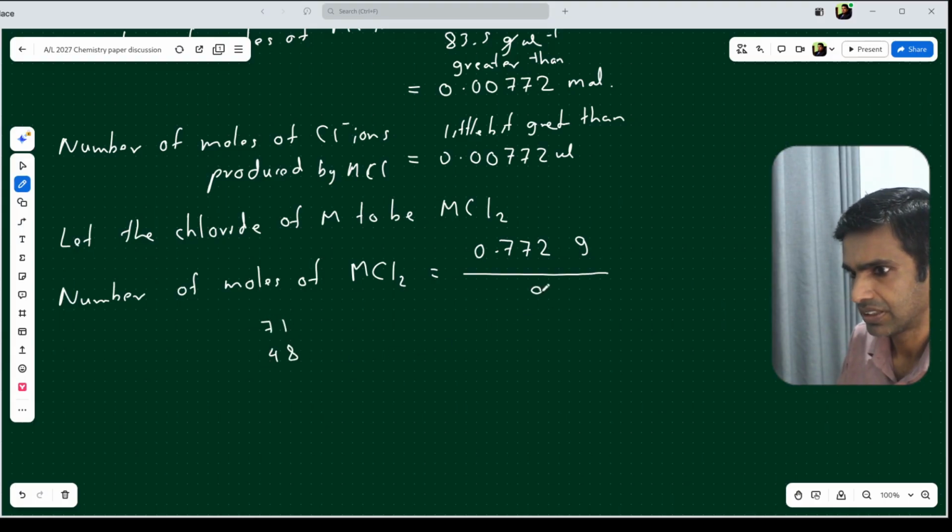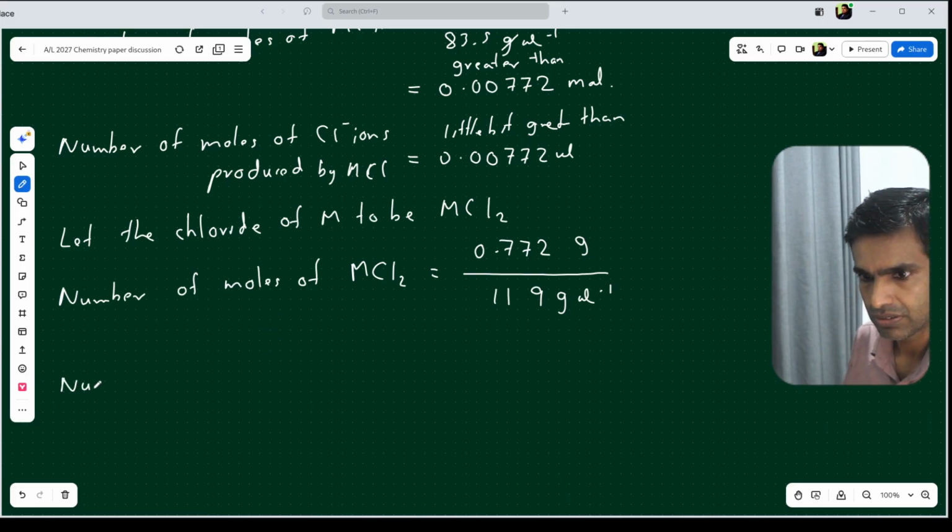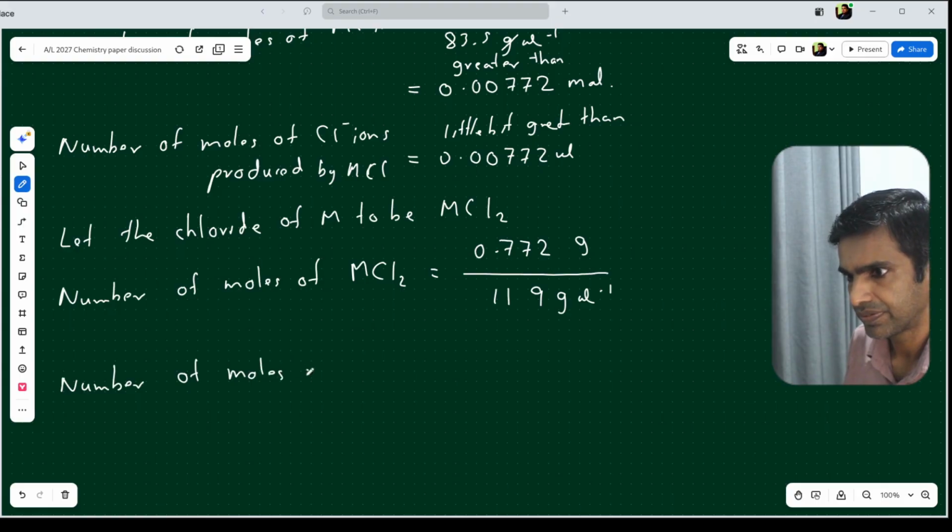That means 119 grams per mole. Then we can calculate the number of moles of chloride ions produced by MCl2.